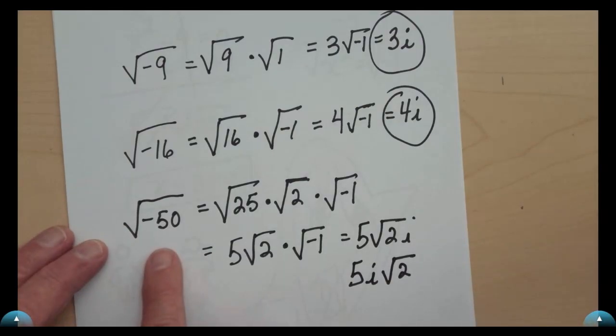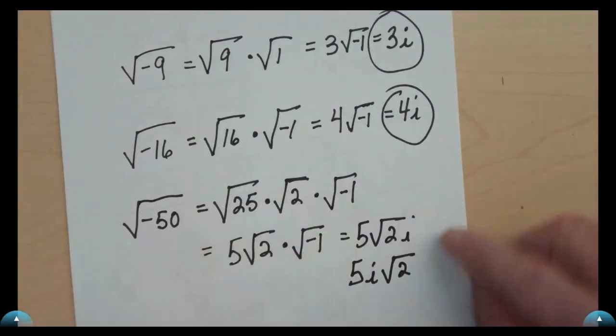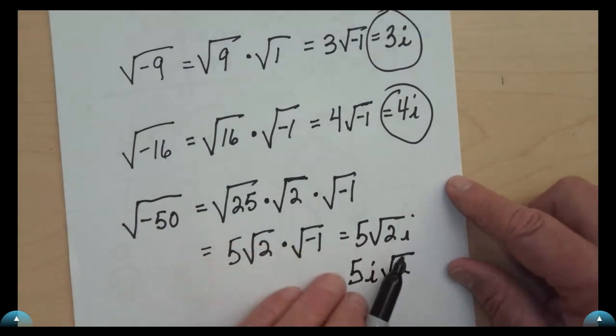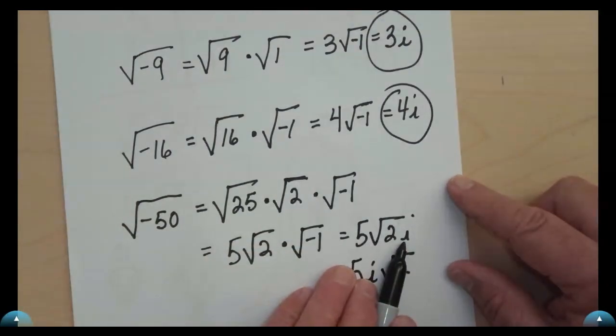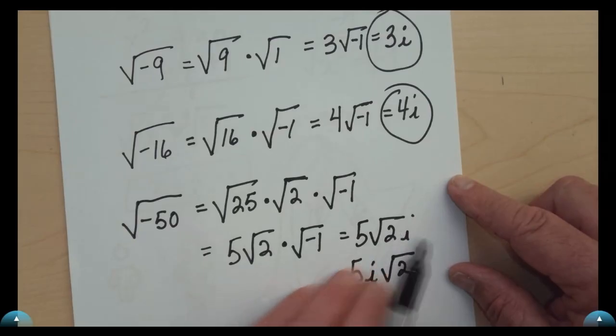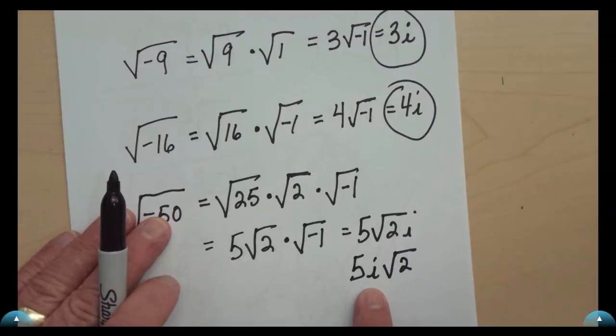The reason we would do something like this when we simplify the square root of negative 50 is because if I wrote it with the i at the end, it's kind of hard to tell, especially with my sloppy penmanship, whether the i was intended to be under the square root with the 2, or outside the square root of 2. Well, it's intended to be outside the square root of 2, but if you write it like this, there's no question of that, right?